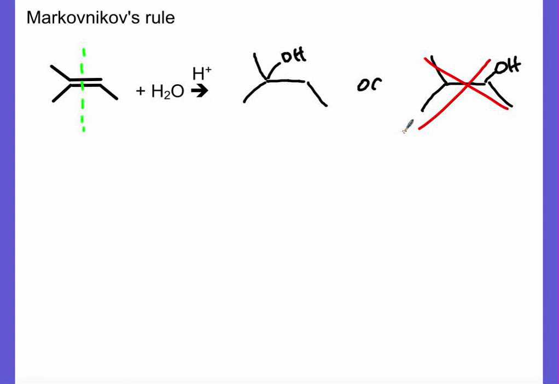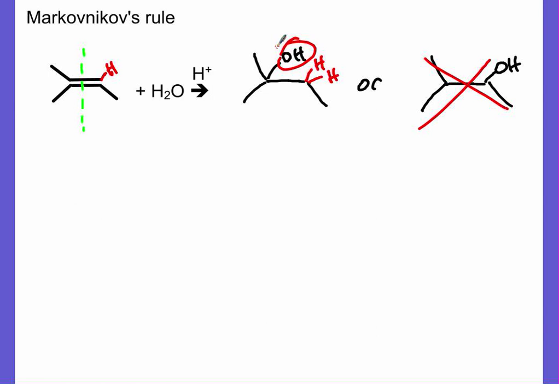And that's where Markovnikov's rule comes into play. We found out that looking at those carbons in your double bond, if one side of that double bond has more hydrogens than the other, then that's the side that you have to add your new hydrogen to, whereas the hydroxyl group is going to go to the other side.